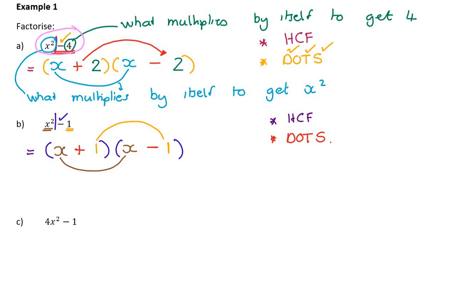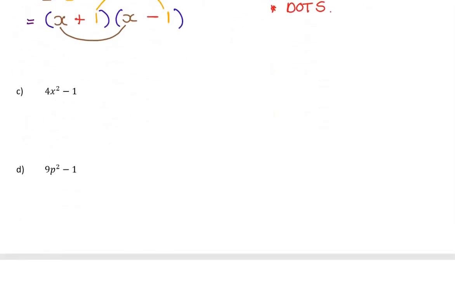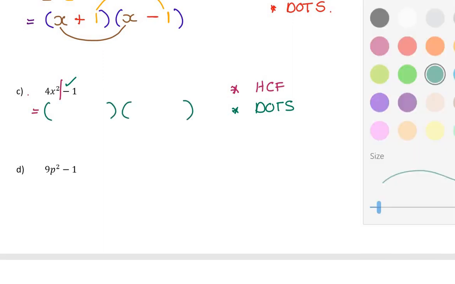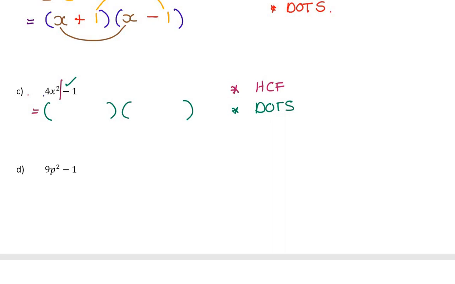Cool, now once you get this type of pattern, it really is just a pattern, so it actually becomes quite nice. So question C, do we have a highest common factor? Well, we have 2 terms, and the one term is 4x squared and minus 1. Nope, nothing, no highest common factor. So the second thing I look for is, is this a difference of squares? Well, it is a difference. There are 2 terms, and I think they're both perfect squares, because if I try and use my color to color coordinate, what times itself will give me 4?